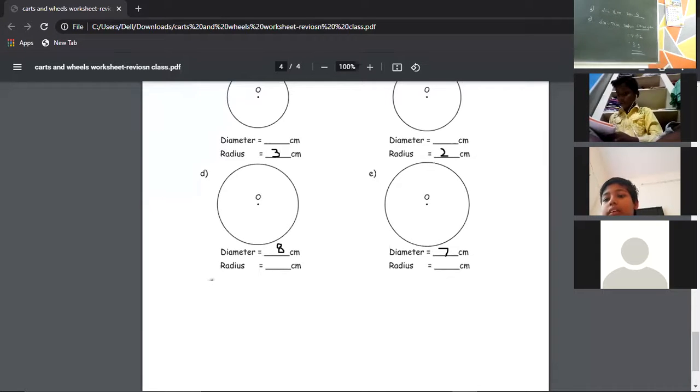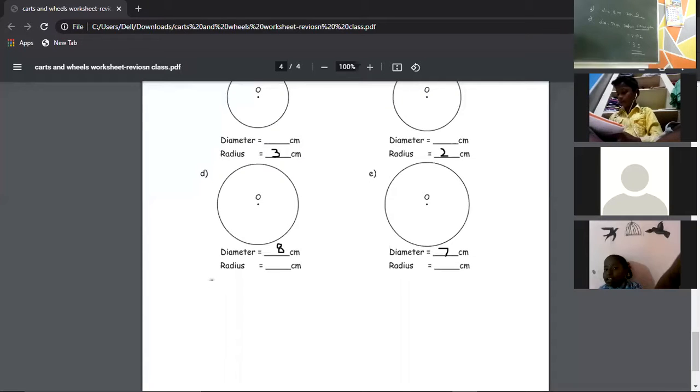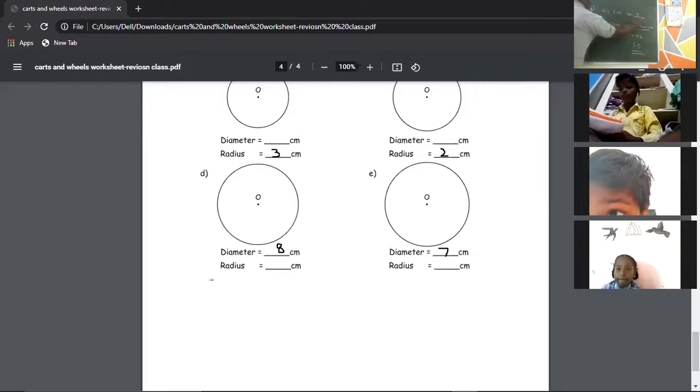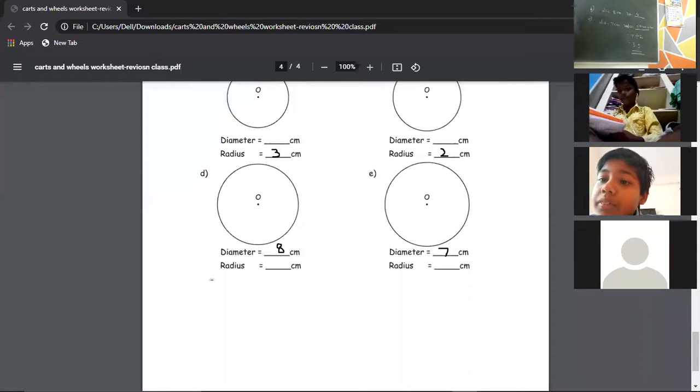Radius is equal to diameter divided by 2. Here diameter is given. Radius will be half of the diameter. Half of 7, divided by 2, is 3.5.